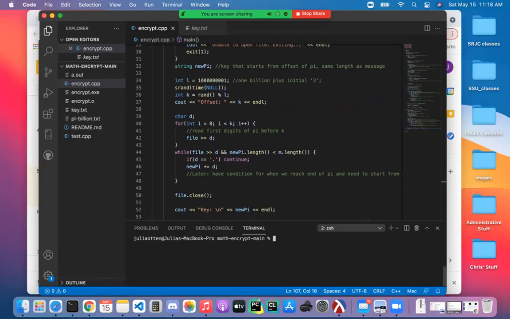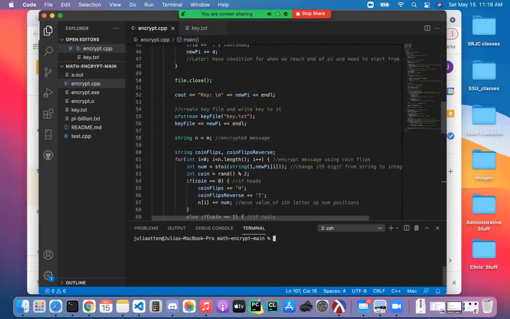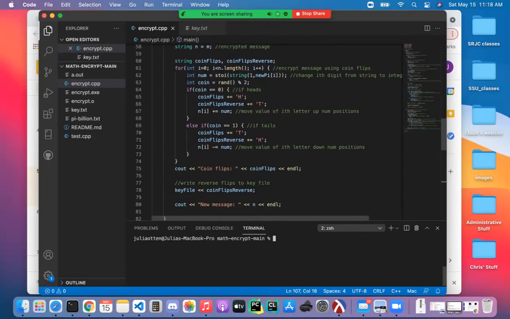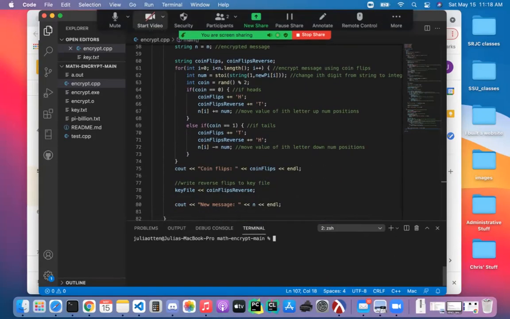The program picks a random offset, k, and makes a key from that position in pi. And it encrypts the message using the offset key and coin flips, both the size of the message. The key and coin flips are saved to a file, and the program prints the encrypted message.